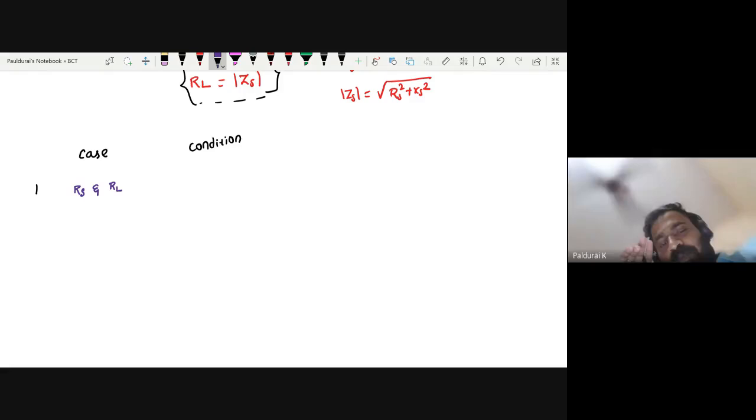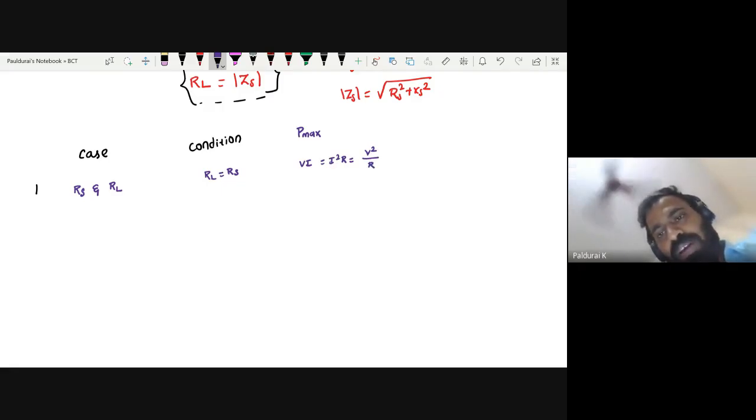What is the condition for the maximum power transfer theorem? If both source and load are resistance, load resistance equals source resistance. At that time, what is the formula to calculate maximum power? You can go with any formula, either V times I, or I squared R, or V squared by R.